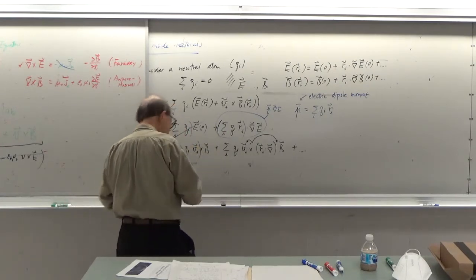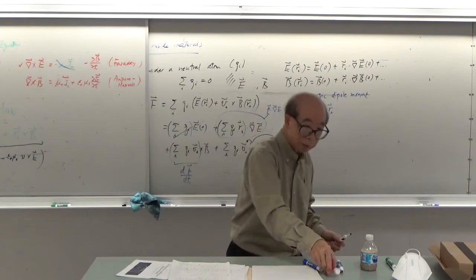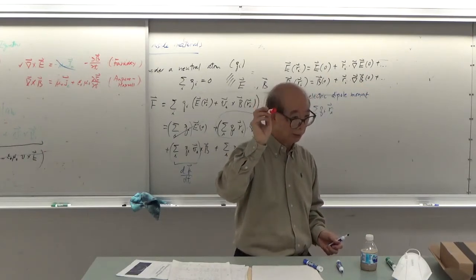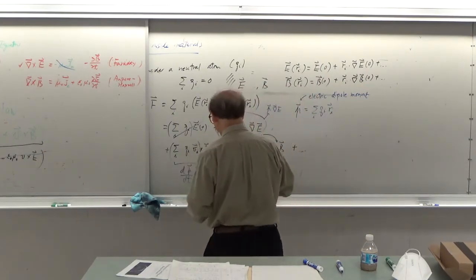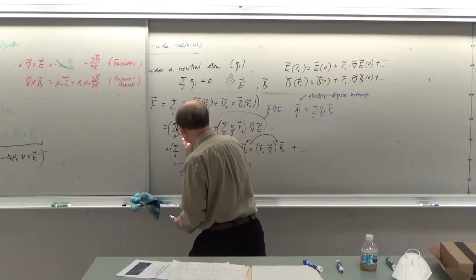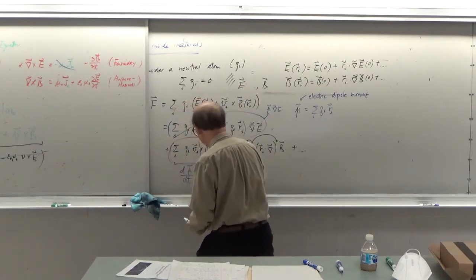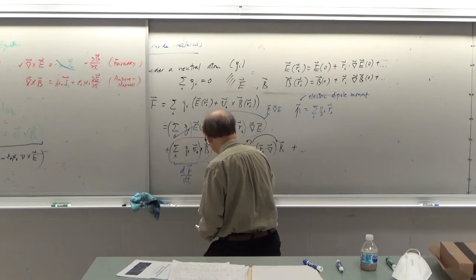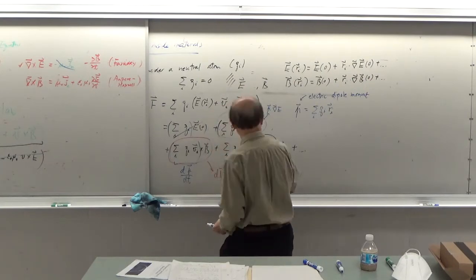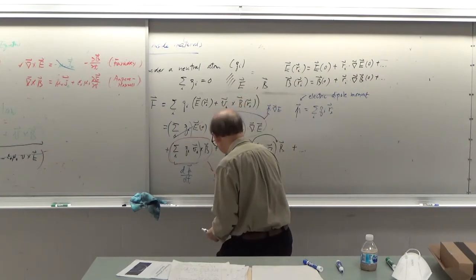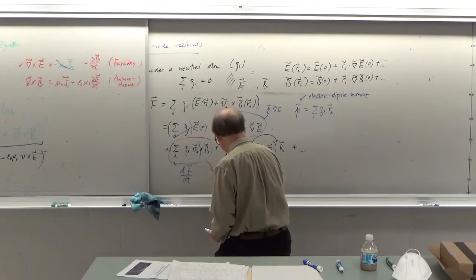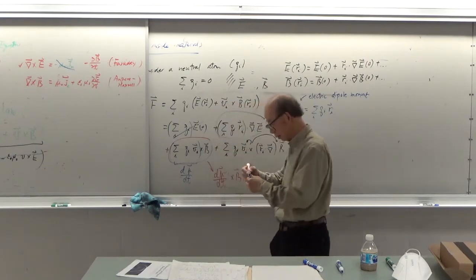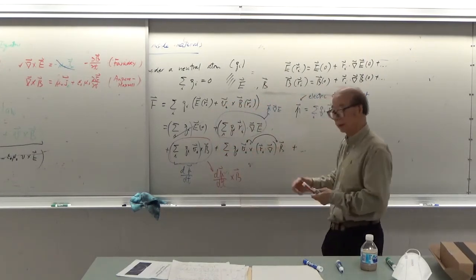So this term, and I use a red pen because it's important, is nothing but the rate of change of the electric dipole moment with respect to time, cross B. And then there's this complicated term.